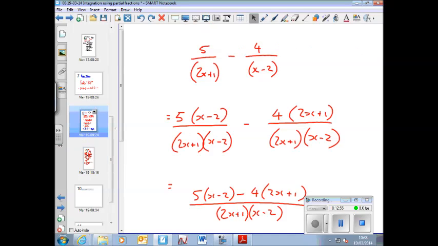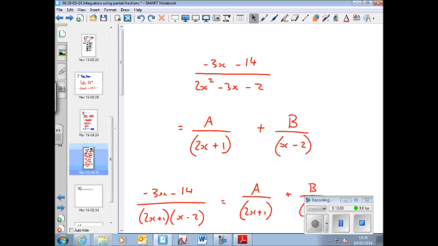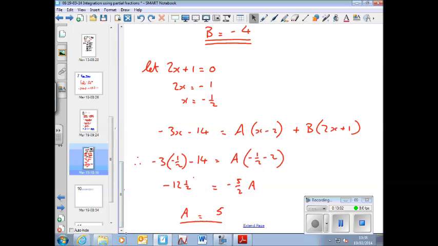So a little bit of algebra to do in there, and we end up with a equals 5, and if we look back we can see that we've now agreed with that. So we've got back to our original numbers. We found a and b.